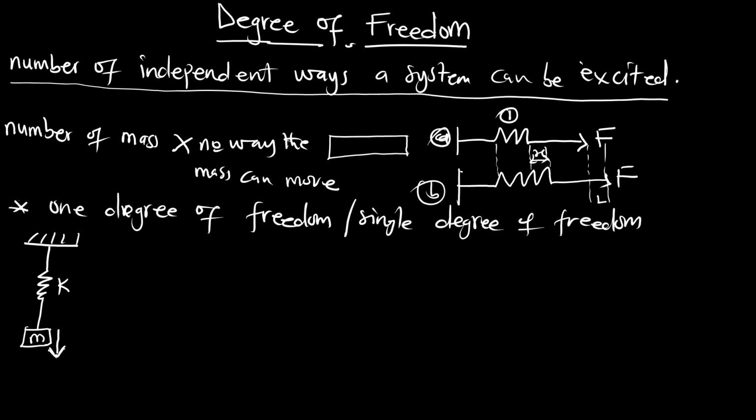So when you pull it down, then you can see the swinging motion of the spring up and down. So this means this body can be disturbed or excited in a single way, which is a single degree of freedom.